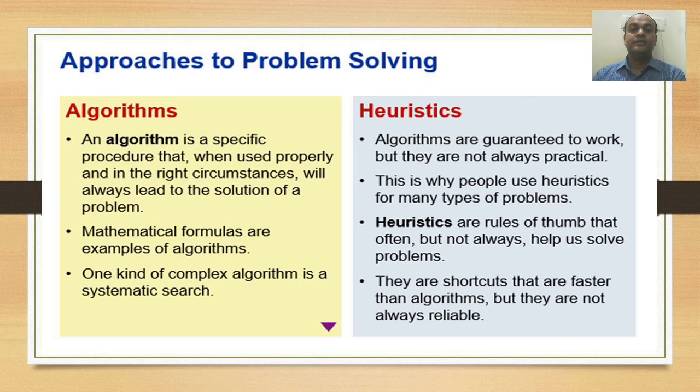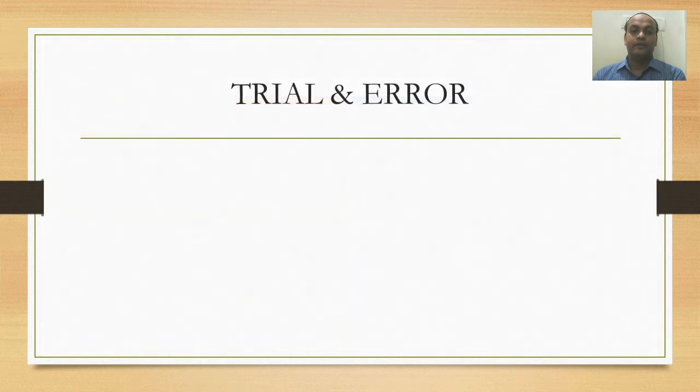Heuristics is also considered as something which we have learned from our parents, how they solved a particular situation. In the same way, we also try to solve it whenever we are in that situation. Right. Let's look at trial and error.